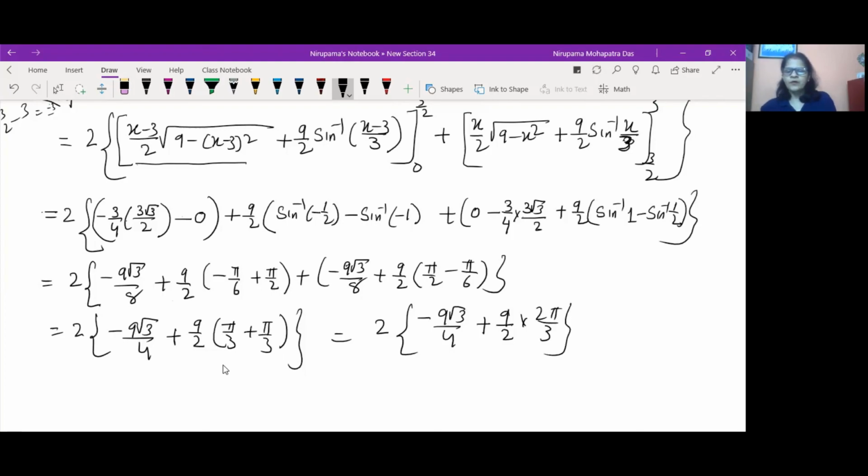Okay, so you are getting 9 pi by 3 into 2. So it means 9 pi by 3, here also it will be cancelled, right? 3. So it means 6 pi minus, here it is 9 root 3 by 2. Okay, square units. Okay, so areas of the region bounded by two circles can be done like this.